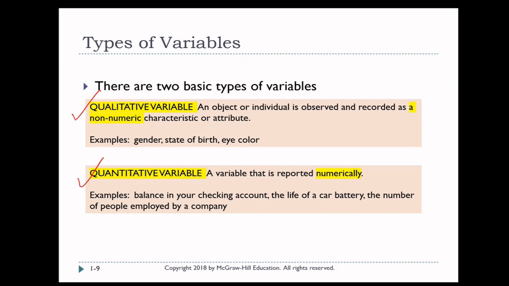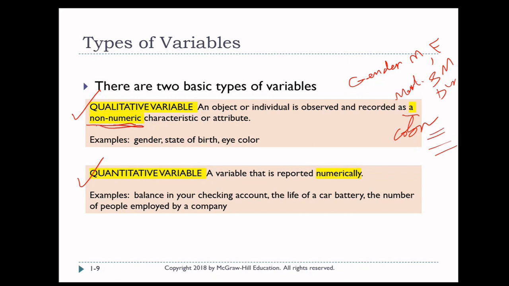Qualitative variables are non-numeric, like gender, male or female; marital status, single, married, divorced, widow; or color, red, white, blue, green. All these are non-numeric variables, like gender, state of birth, eye color.